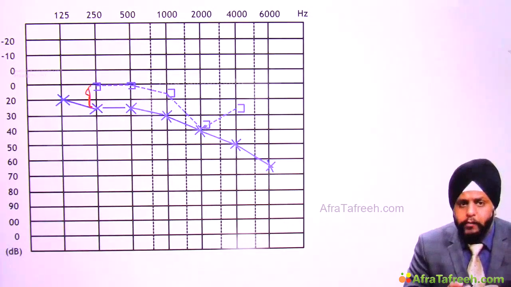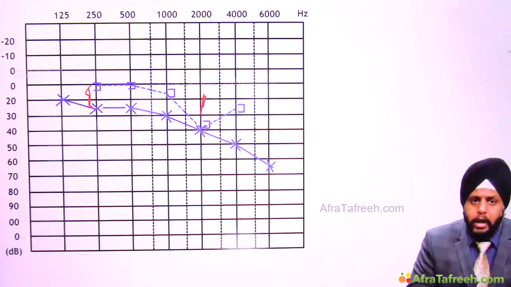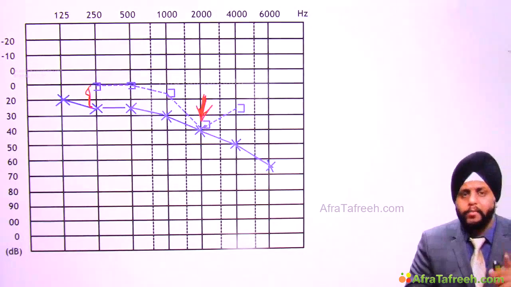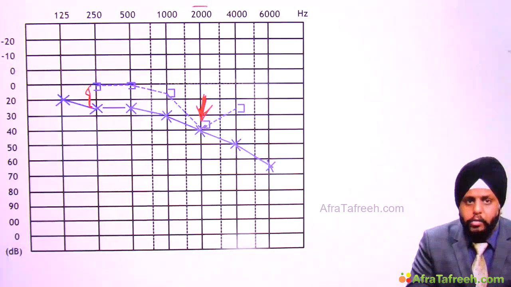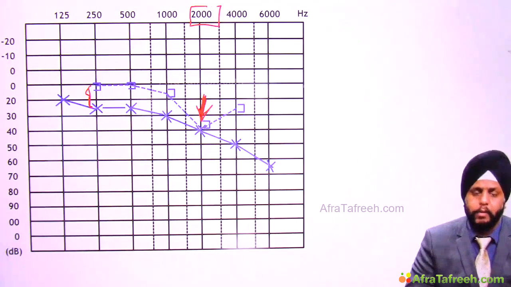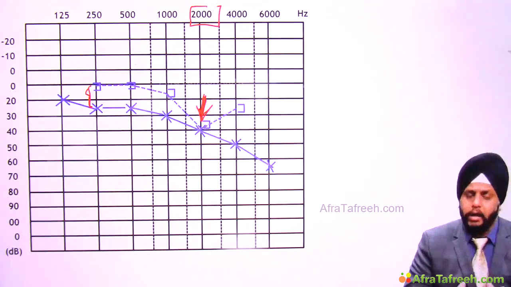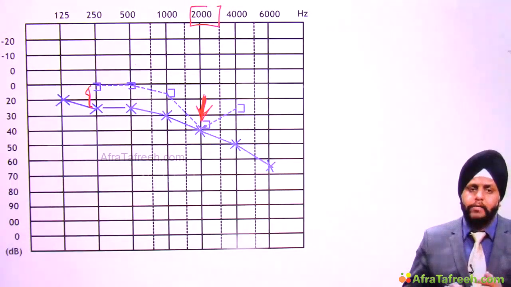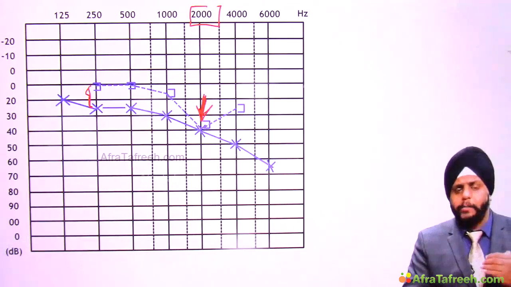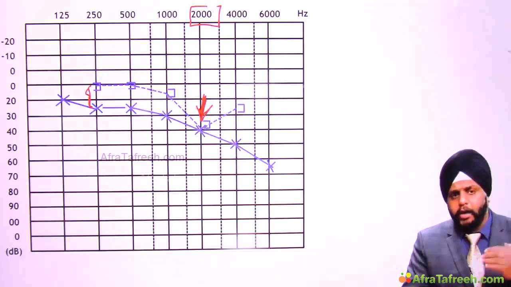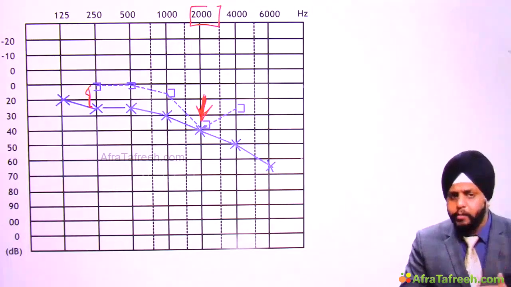Now the more significant thing over here is, again, there is a dip in bone conduction at 2000 hertz. So once again, this shows that the patient may be having bilateral otosclerosis. On the right side, it is developed more. On the left side, it is developed less. So on the left side, the conductive hearing loss is not much.